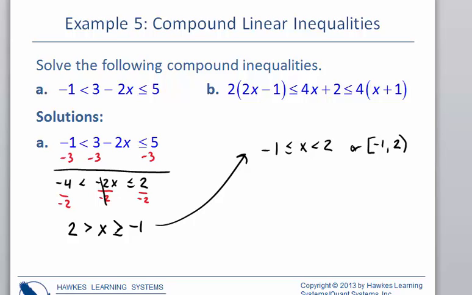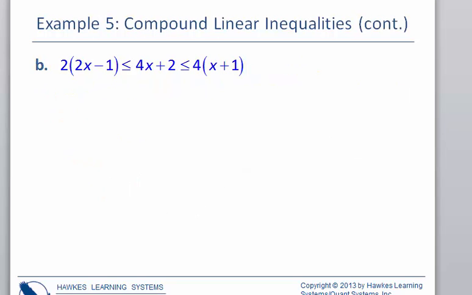All right, so let's go ahead and look at part B of this problem. Part B says 2 times the quantity 2x minus 1 is less than or equal to 4x plus 2, less than or equal to 4 times the quantity x plus 1.